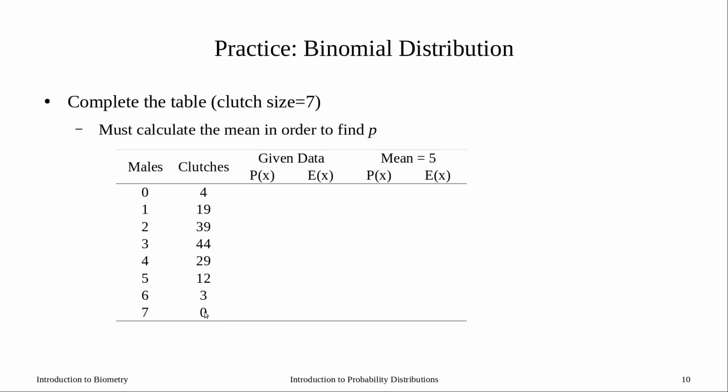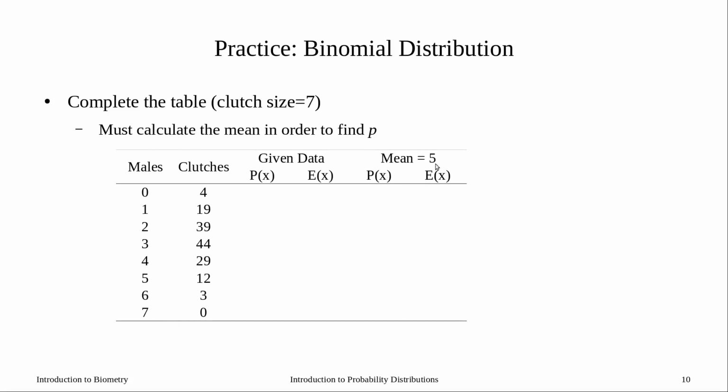So what I want you to do is calculate the probability of 0 males, 1 male, 2 males, and so forth, and then the expected number of clutches given that probability. We're going to do it two ways. One way, we're going to do it given the data, so you're going to have to calculate the probability of success. The second way is to assume that the average number of males is equal to 5.